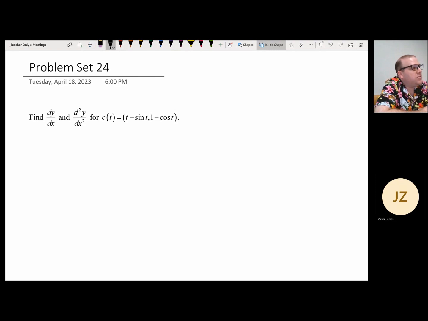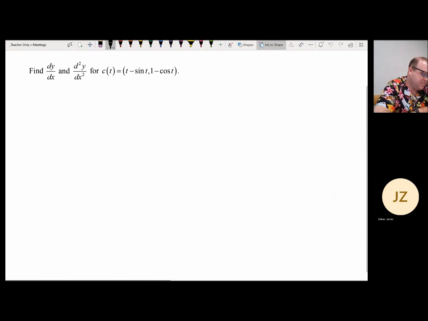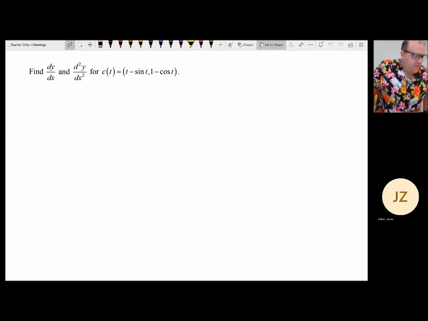In this case, it's going to be really difficult to do. You could probably try and write this x equals f of y. That might be easier. Again, I think I do some eliminating the parameter in the video.